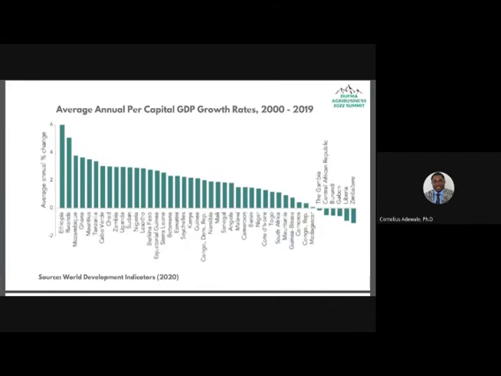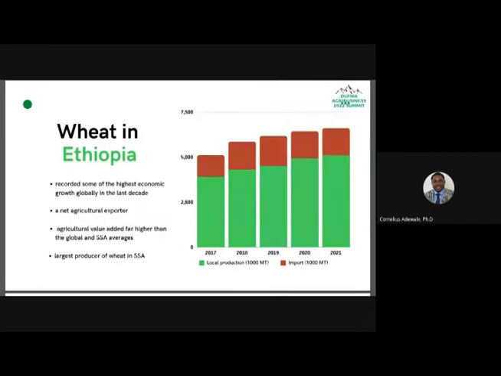I want to tell the story of Ethiopia. Ethiopia is one of the countries that is doing relatively well when it comes to agricultural production in Africa. For instance, they have the highest per capita GDP growth rate in Africa over the last 20 years. And one of the crops that Ethiopia is doing well in is wheat production.